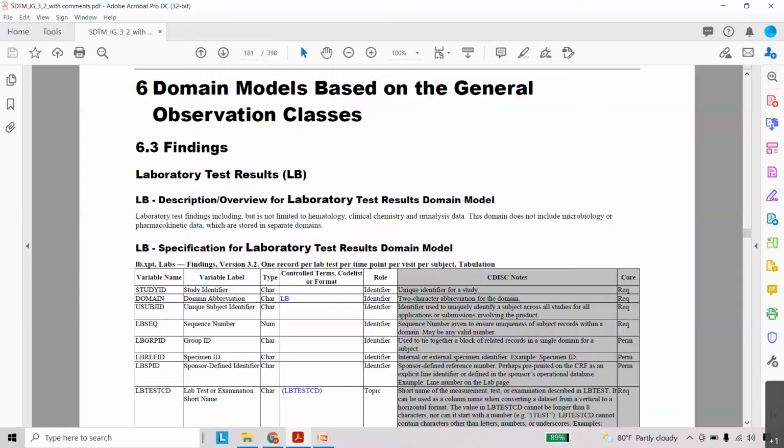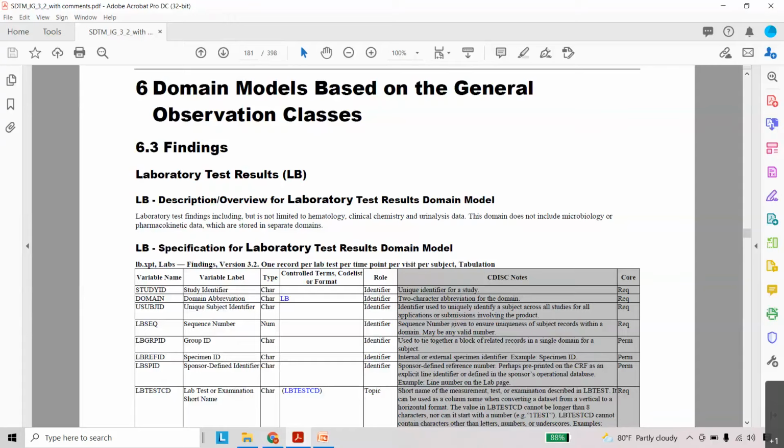Throughout the classifications in the SDTM IG 3.2, the findings general observation class has more domains compared to other classifications. In the findings general observation class, usually we can see test results or types of analysis. So whoever participates in the clinical study, the drug has to go for analysis.